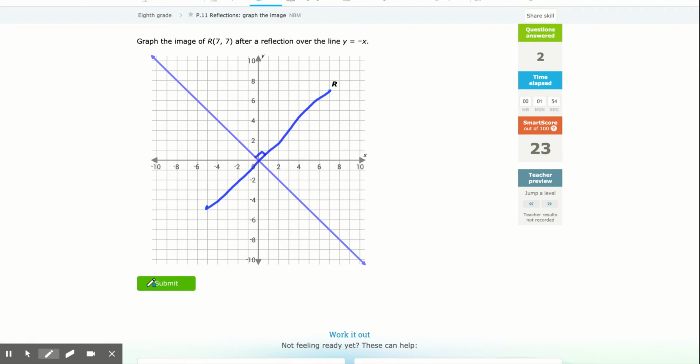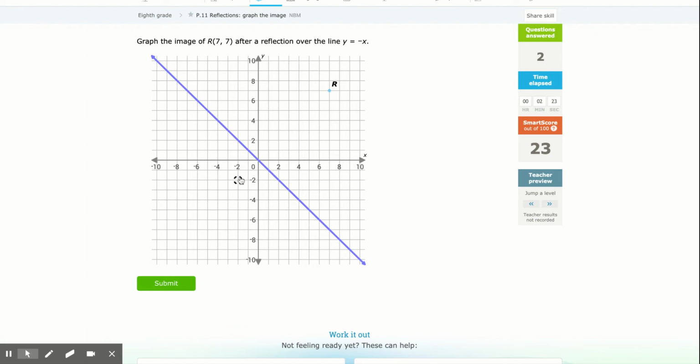So you need to be careful that you look at the slope of the line of reflection, which is 1. You're going to follow a slope of -1 until you get to the graph. So in other words, the slope of this is -1. I'm going to follow a slope of 1, but I'm going to be going to the left. So I'm going to be going left and down 1. 1, 2, 3, 4, 5, 6, 7 diagonal squares.